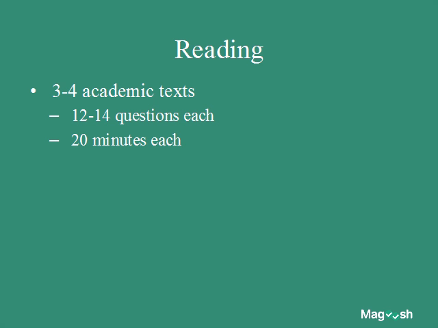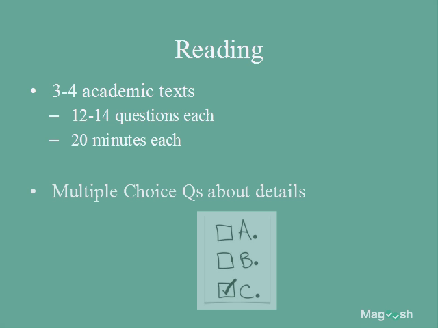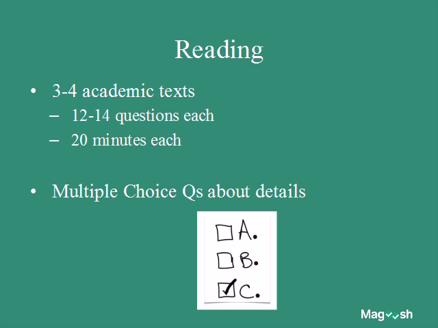Or you'll see 4 texts, and you'll get 80 minutes to do the same thing. You need to budget your time carefully in the reading section. And all of the questions are basically multiple choice. Some of them are drag and drop, moving a sentence to a specific place in a table or to a place in the text, but mostly it's multiple choice.